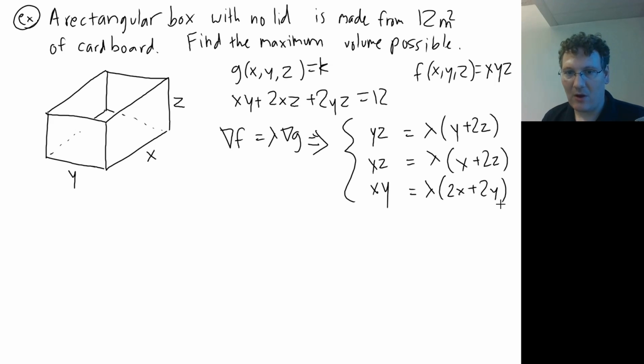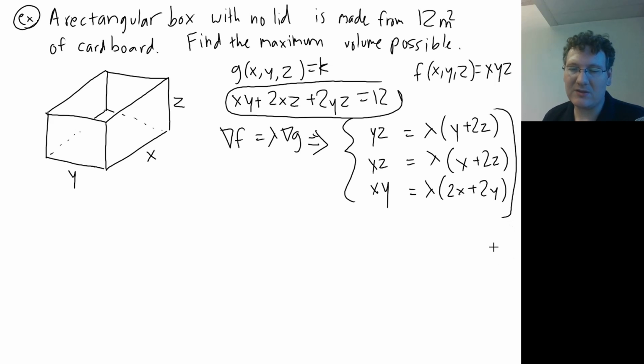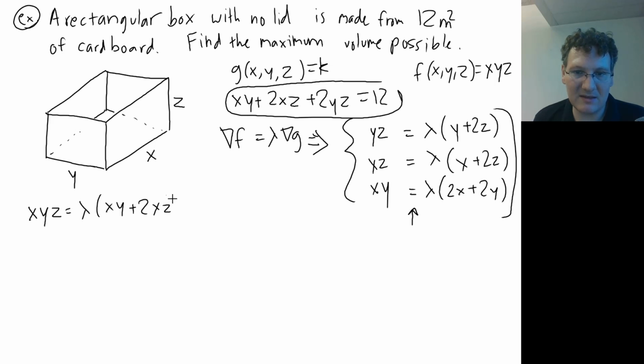With all of this, we then try to solve the equations. Here's our first equation, and then we have these other 3 equations. What we can do is notice that we can make the left-hand side of these 3 equations xyz by multiplying by the appropriate thing. If we multiply the first equation by x, we get xyz equals lambda times xy plus 2xz.